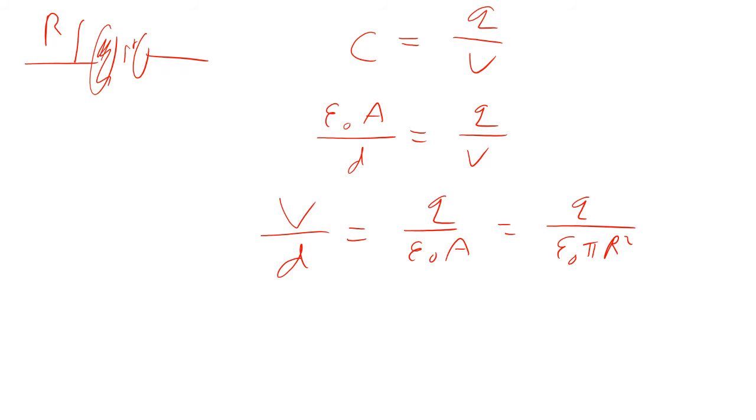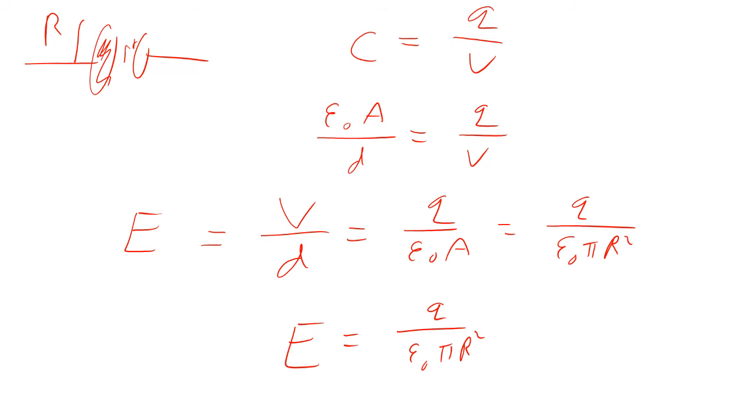Now V over d, if you remember, is the electric field. So the electric field is Q over epsilon naught pi R squared.